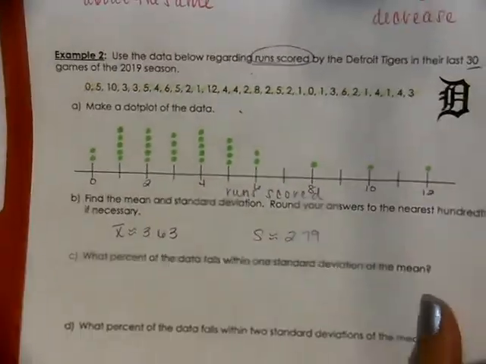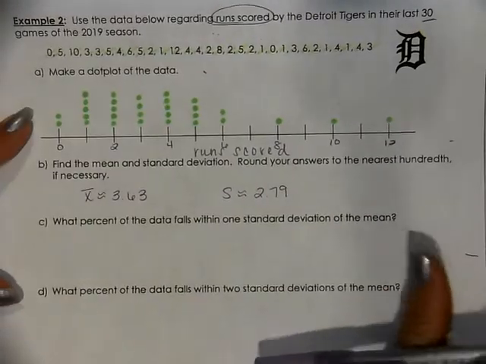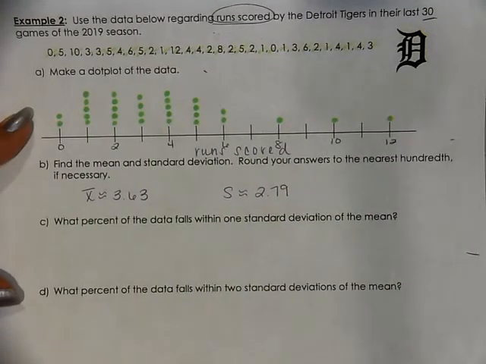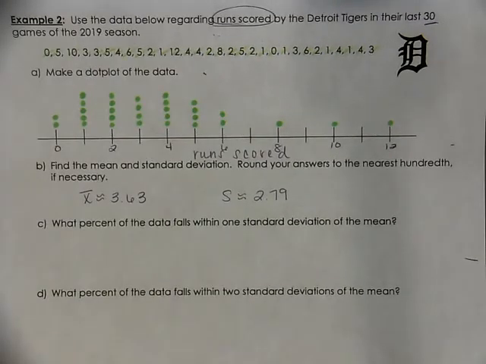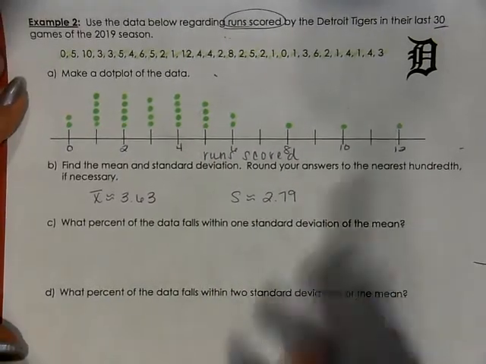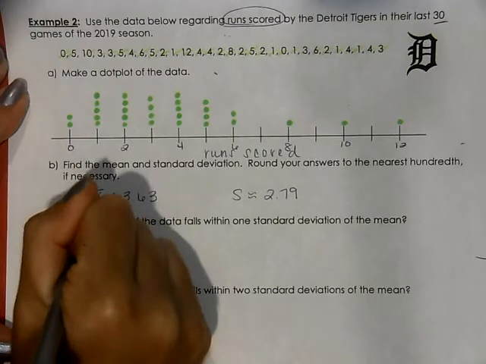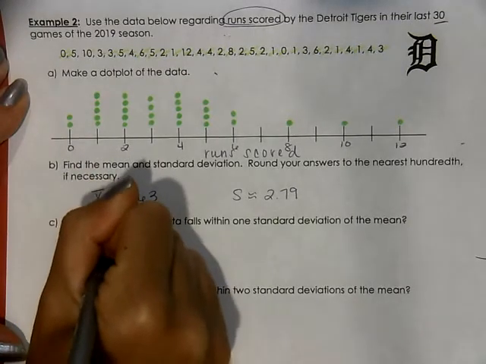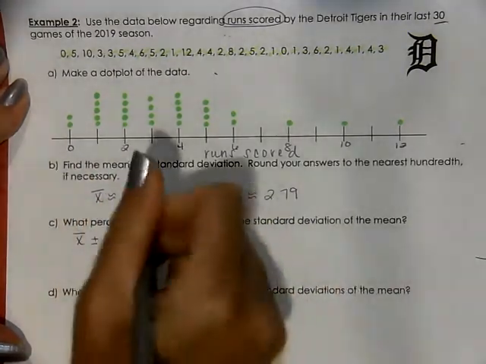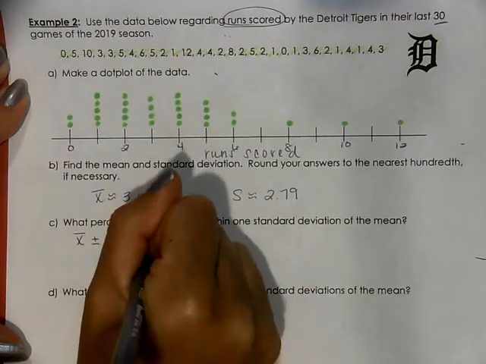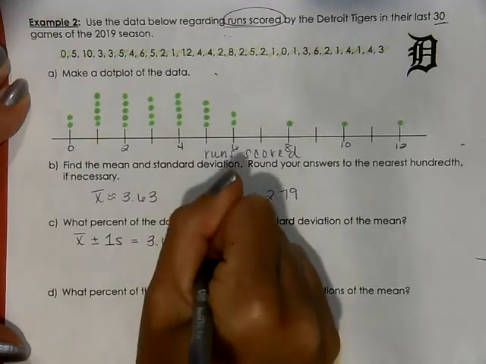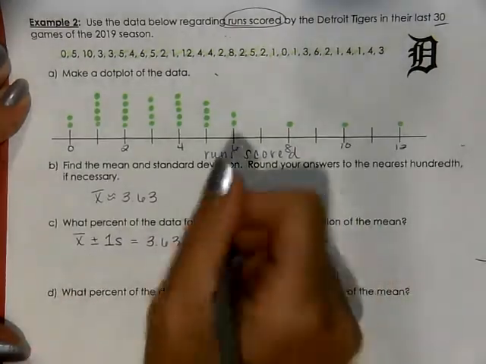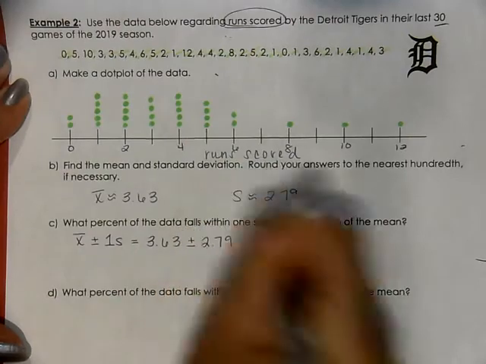Now, the question asks, what percent of the data falls within one standard deviation of the mean? So let's do the calculation and figure out what that interval would be. It's going to be your mean plus or minus 1 standard deviation. Well, what's my mean? My mean is 3.63 plus or minus 1, so just itself, times 2.79.